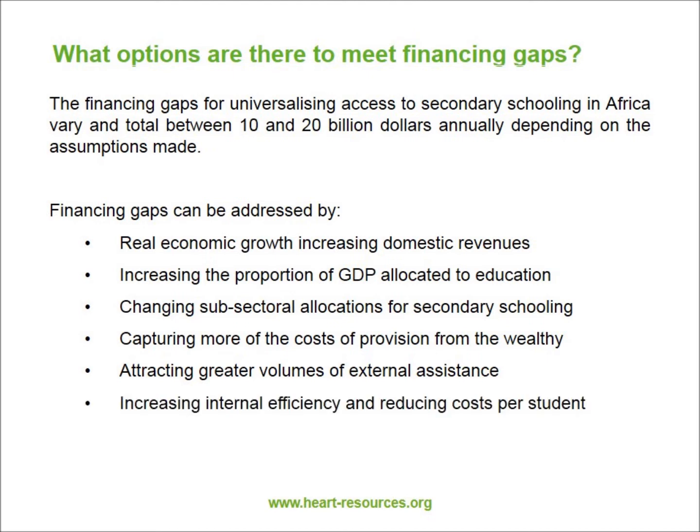They have to do with increasing internal efficiency and reducing costs per student. There's not one way of doing this, but many. It is true that far more children could experience secondary schooling at affordable levels of cost if secondary school systems were more efficient. The range of options to achieve increases in internal efficiency and reduce cost per student is wide.